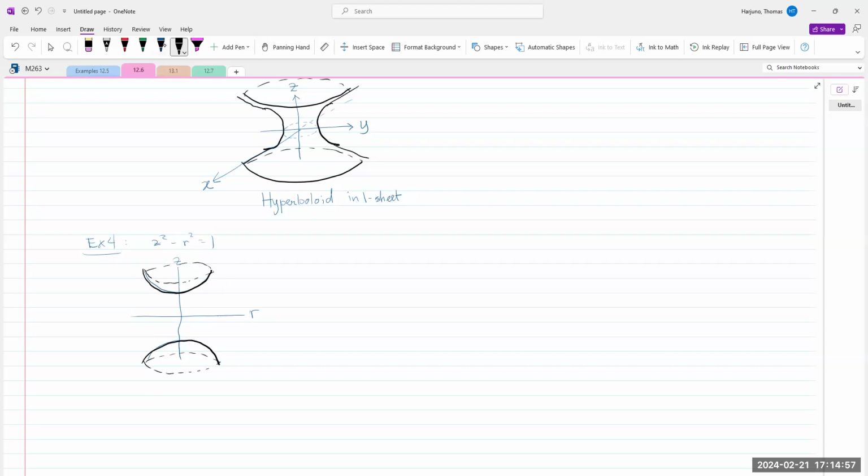You now see a hyperboloid of two sheets.